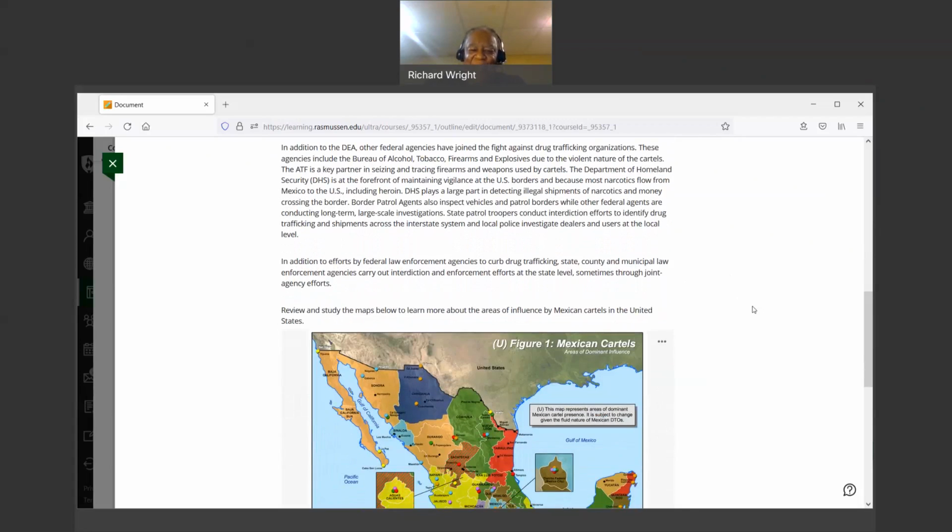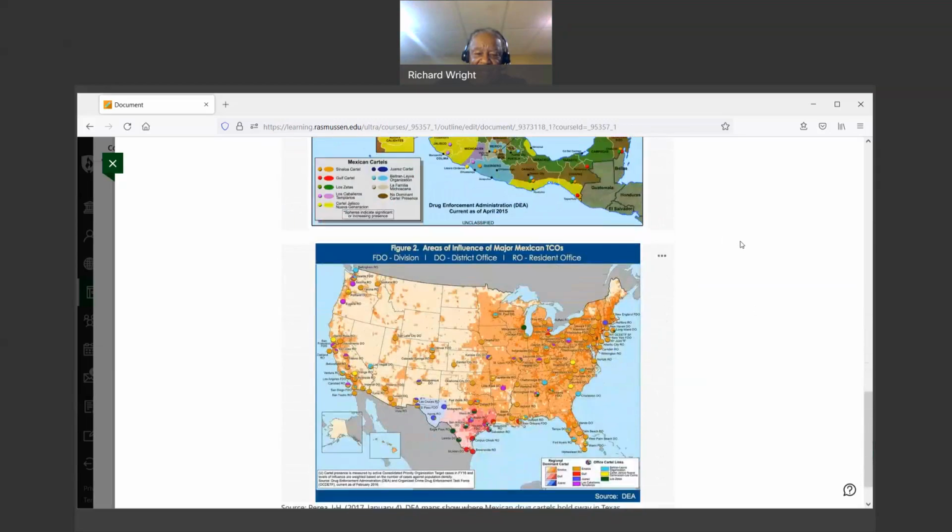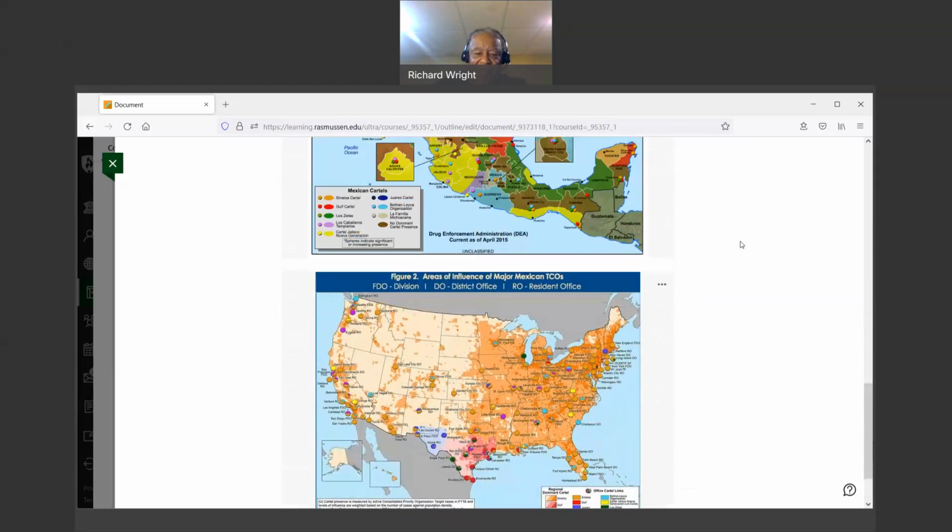In addition to the federal government, the state, county, and municipal governments that carry out the joint agency efforts, there are organizations in countries like Mexico which allow their law enforcement agencies to work together with the United States agencies that I've mentioned.